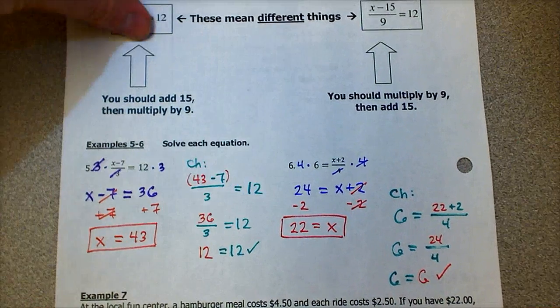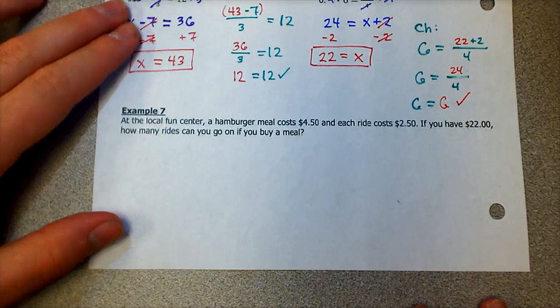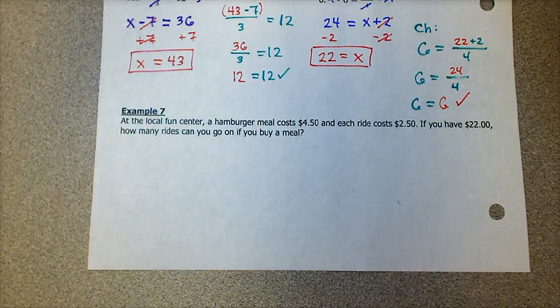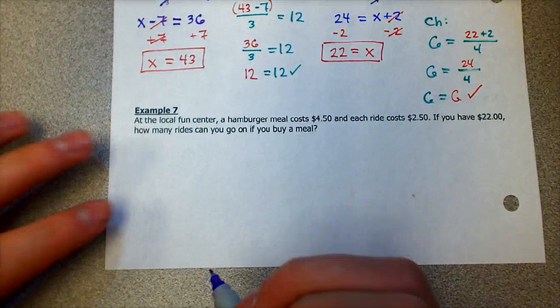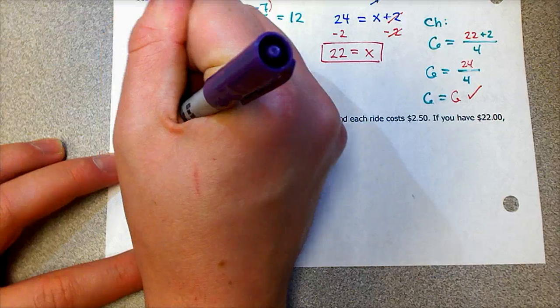Okay, our last problem is a word problem. It says, at the local fun center, a hamburger meal costs $4.50 and each ride costs $2.50. If you have $22, how many rides can you go on if you buy a meal? So again, with our word problems, we always start with a let statement, and the question's asking how many rides can we go on.